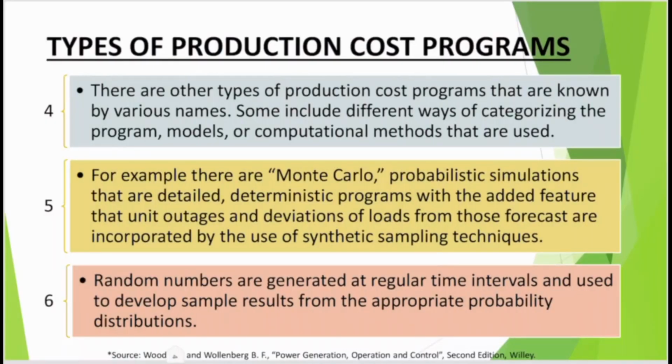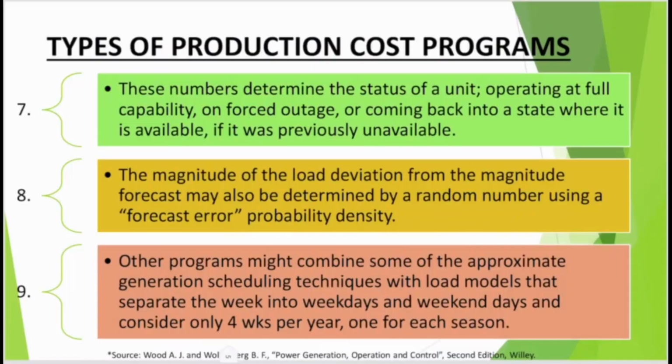Random numbers are generated at regular time intervals and used to develop sample results from the appropriate probability distribution characteristics. These numbers determine the status of a unit, whether it is 1 or 0, operating at full capability, on forced outage, or coming back into a state where it is available if it was previously not available.